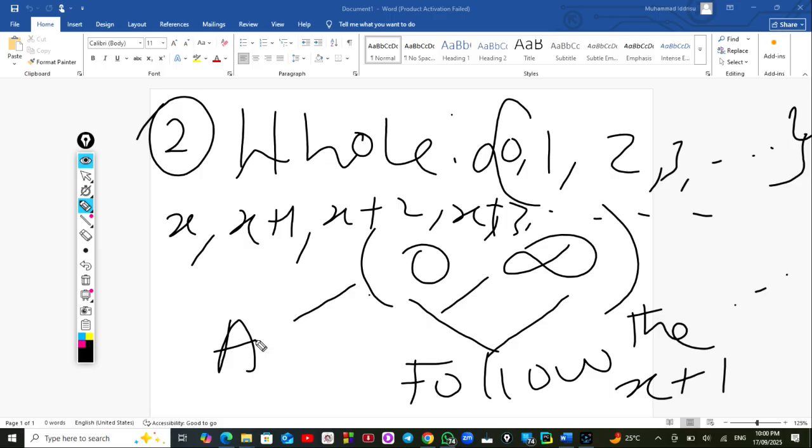In fact, the set of whole numbers can be found here.